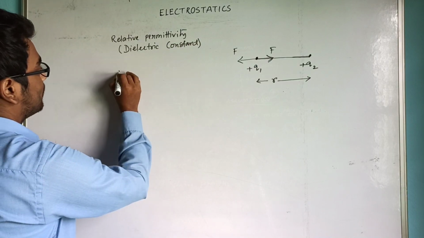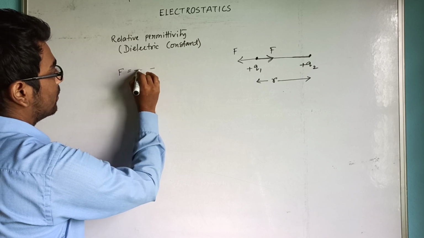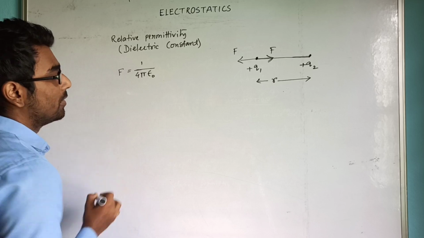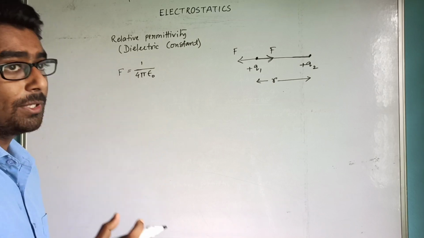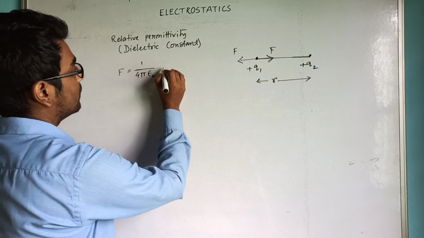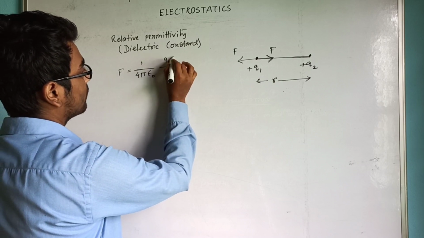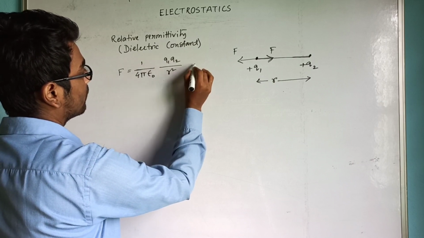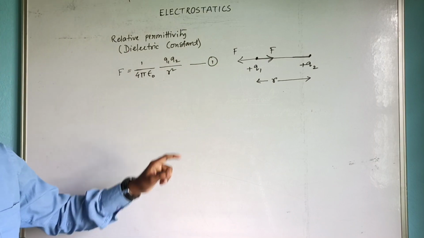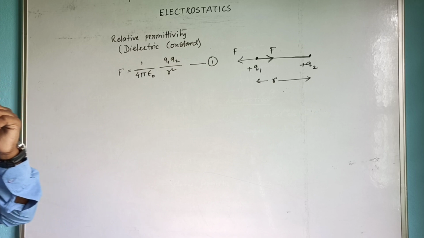Suppose two charges are placed in an air medium or in a vacuum medium, then the expression of the force will be, equation 1, 1 by 4 pi epsilon naught q1 q2 by r square.